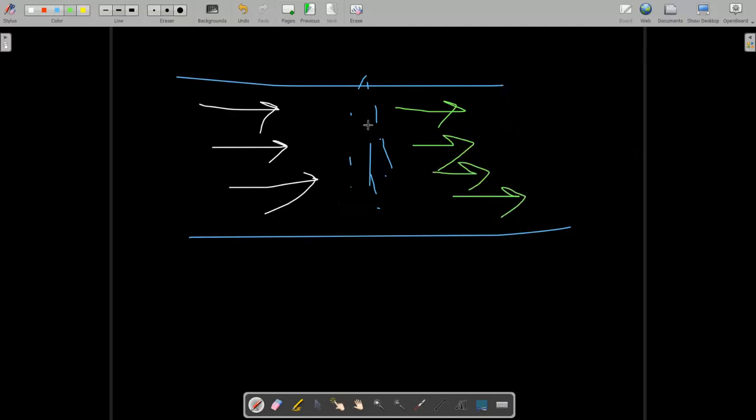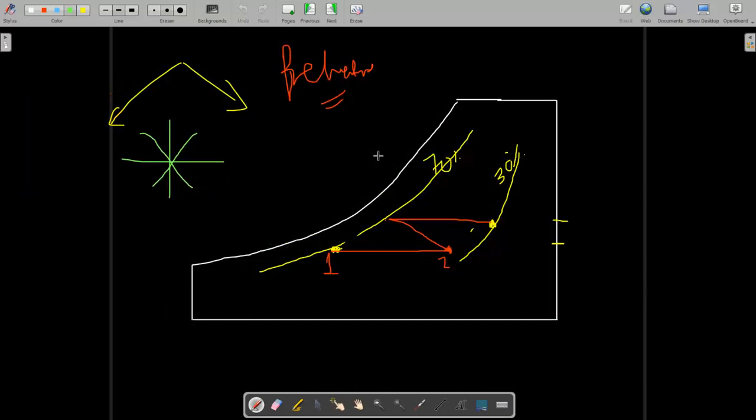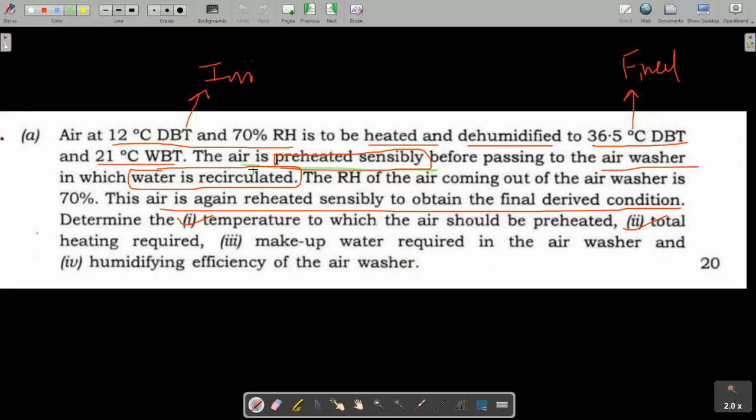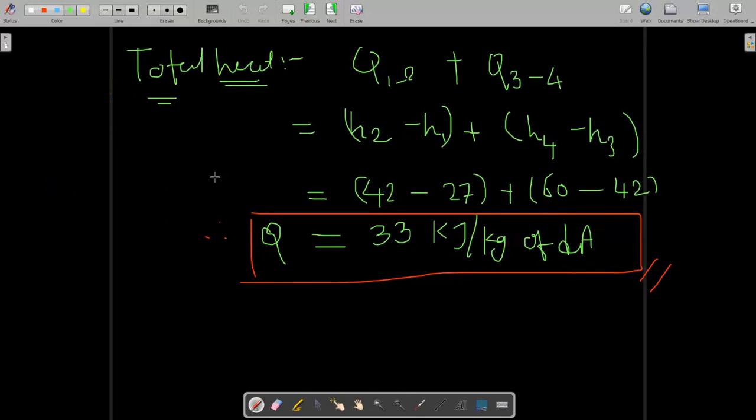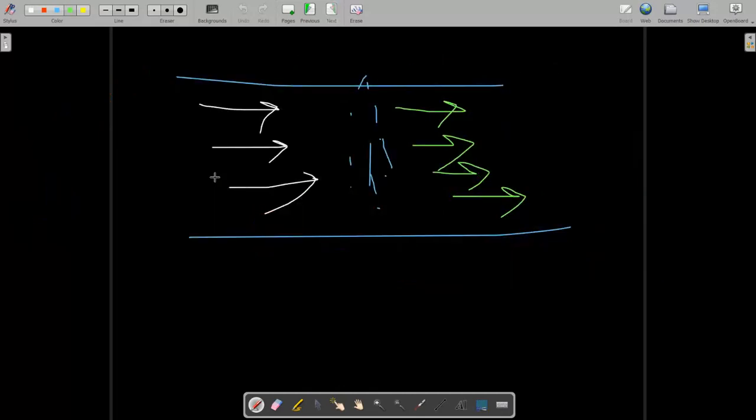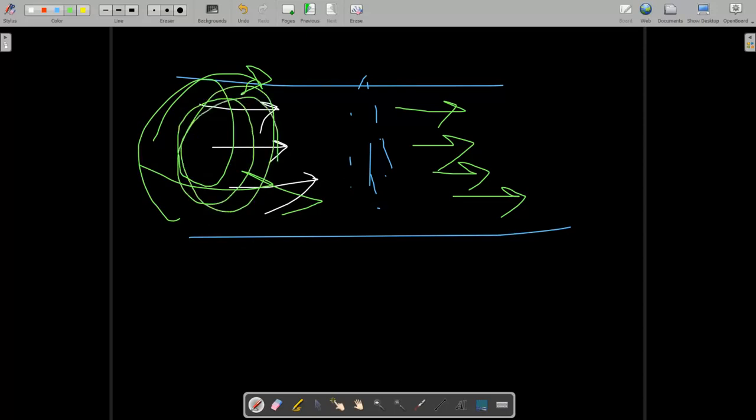Here in the question it is written that water is recirculated. So obviously air is gaining some moisture continuously. If you do not add some water, then after some time all the water is taken by the air, and after that it will not get humidified. So to maintain this equilibrium condition we have to simultaneously add some water in the system.